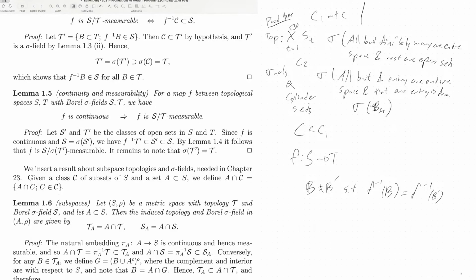For a map F between topological spaces S and T with Borel sigma fields, if F is continuous, then it's measurable. Yeah, measurability is weaker than continuity. Continuous is a bit like being almost everywhere constant, and measurable is like being almost everywhere continuous.